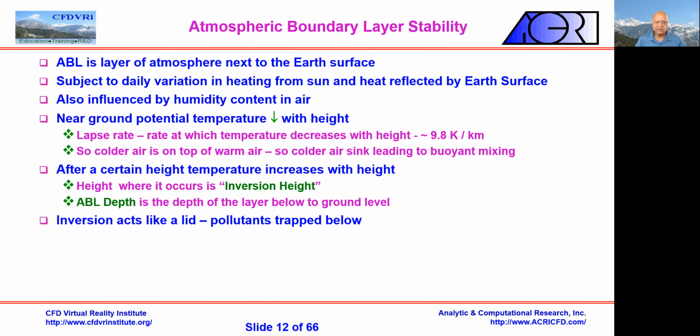Then, of course, it'll fall down to close to zero. But the height where the inversion occurs, okay? The temperature decreasing and then increasing is called the inversion height. So below that is the ABL depth. Typically, it's maybe 1,000, 2,000 meters in that range.